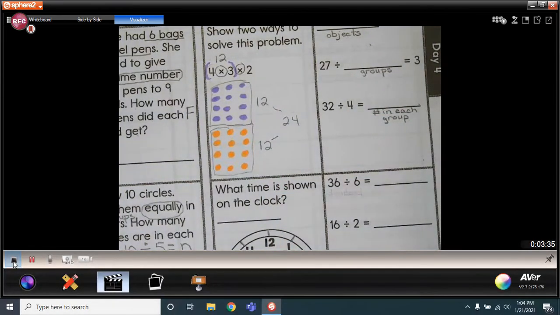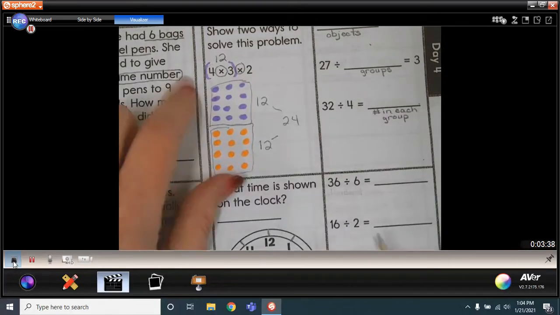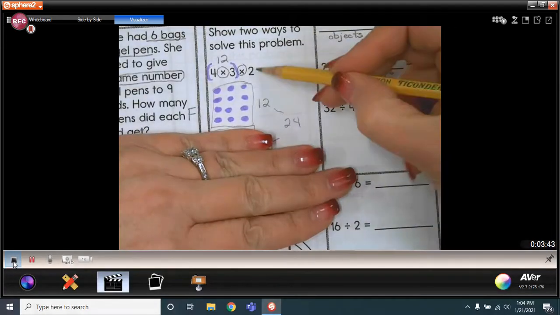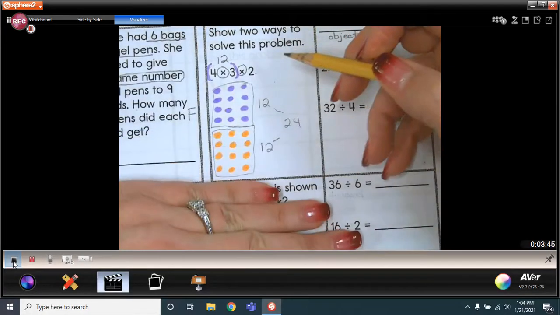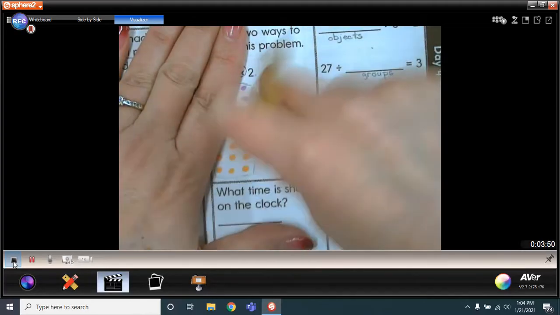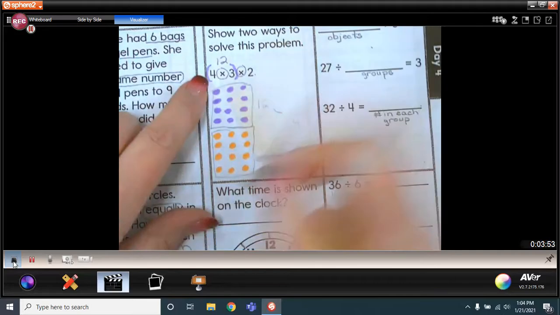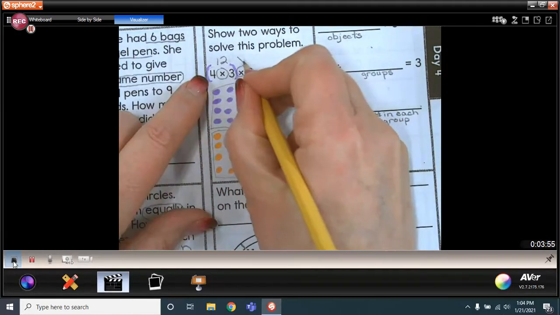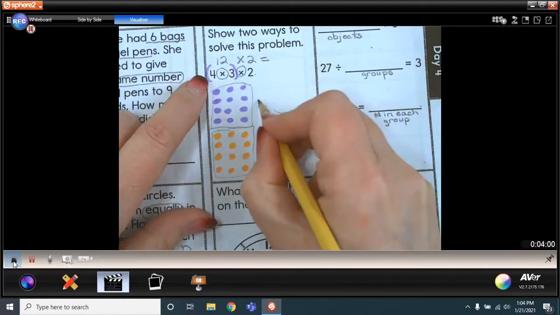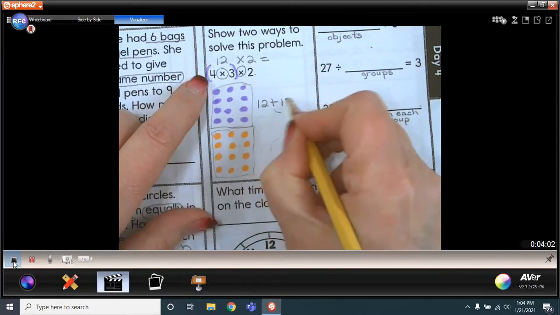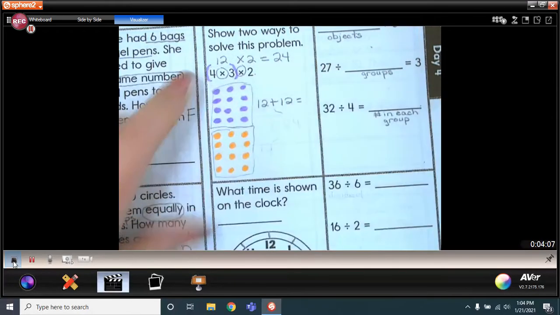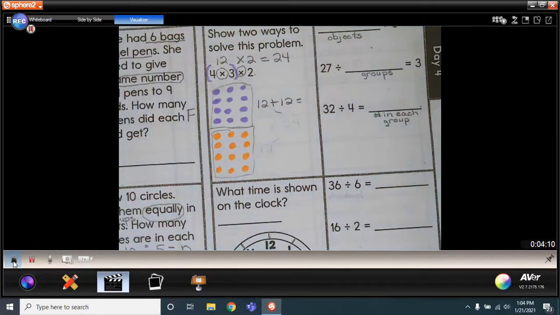So that's one way to look at it: I'm going to take this 4 times 3 once, and then do it again, twice. So when I show this in my multiplication, 4 times 3 is 12. Then I'm going to multiply that by 2, and 12 plus 12, we just said, is going to be 24. Okay, that's one way to think about it.